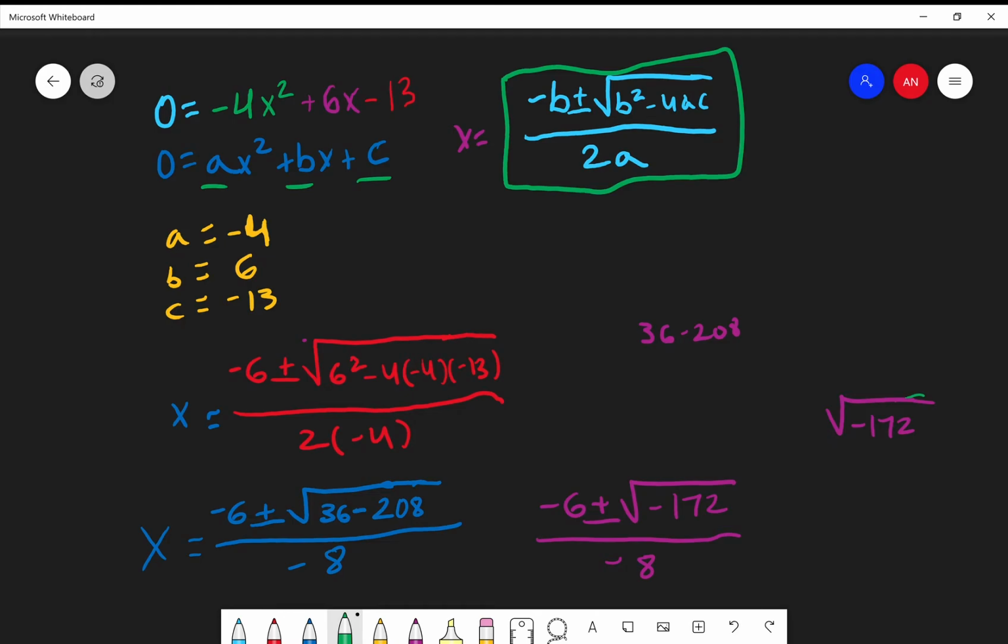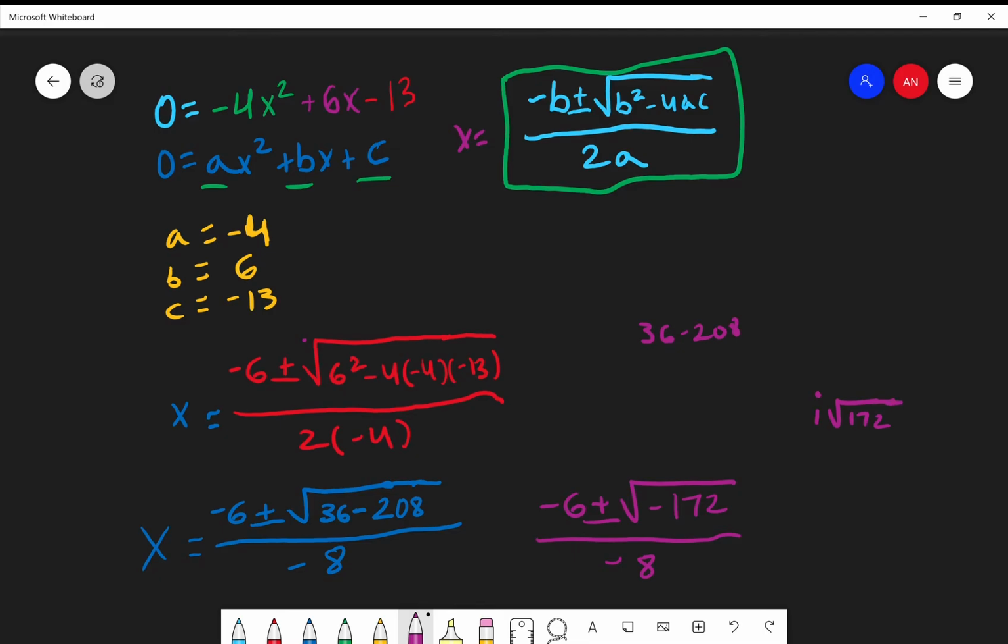Okay, so since i is the square root of negative 1, the square root of negative 172 is equal to the square root of negative 1 times the square root of positive 172, which is just i root 172. Now we get into the 172.